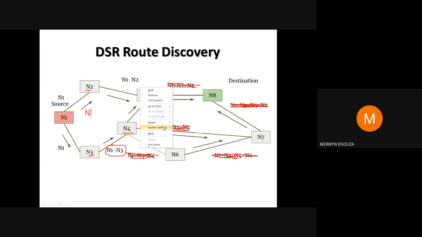It will send to N6, to N7 and to N5. The packet that it had received was N1-N3. After it added its name, it will become N1-N3-N4. So it will be sent to N6, N7 and N5.